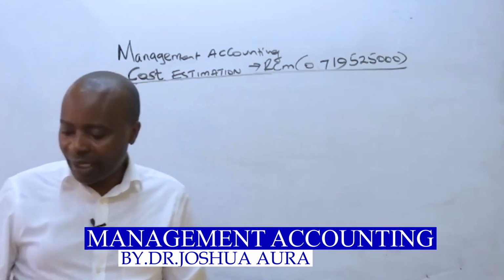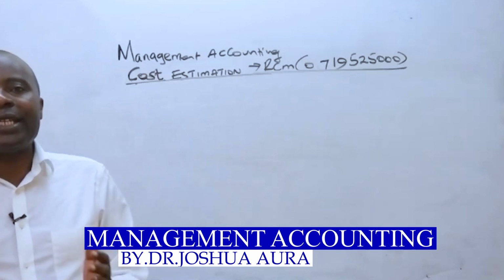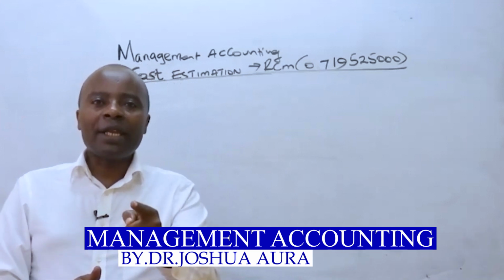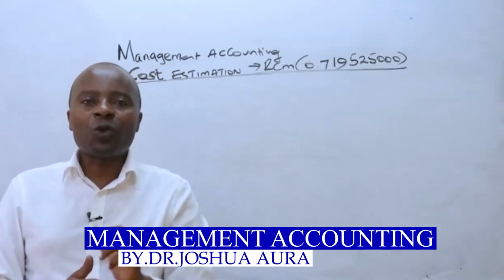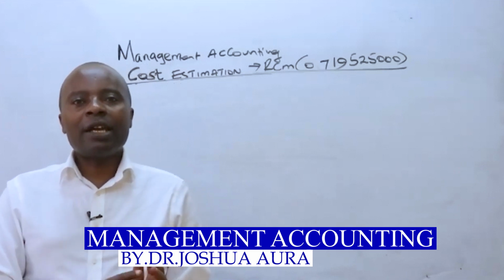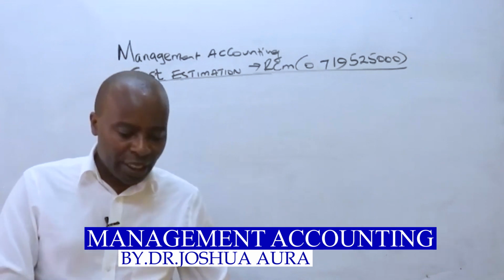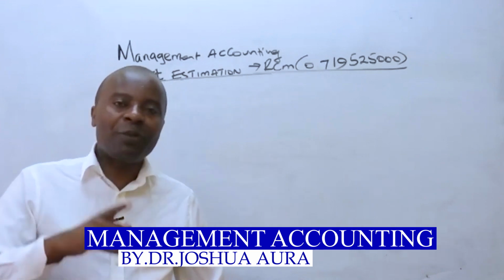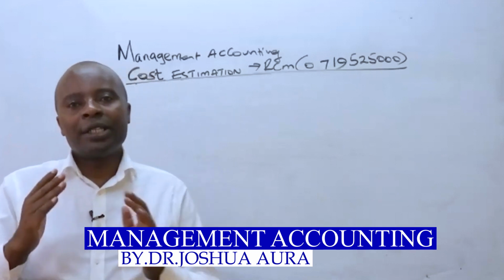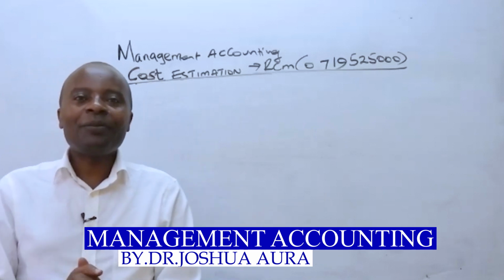So, ladies and gentlemen, basically what is cost estimation? Cost estimation entails what we call determining expenses that we're going to incur in advance. Saying that, for instance, in December, our production cost will be, right now we are in the month of April, but I should be able to see far as a management accountant and say that in December, the production cost will be like 30 million.